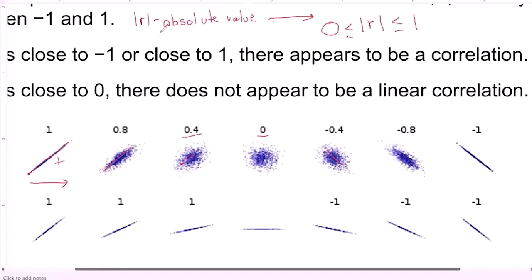It actually means distance, but it's just always positive. That's a good way to think about it. So even if my r is negative, I put the absolute value around it and make it positive. It's going to be somewhere between 0 and 1. That's basically what that means.